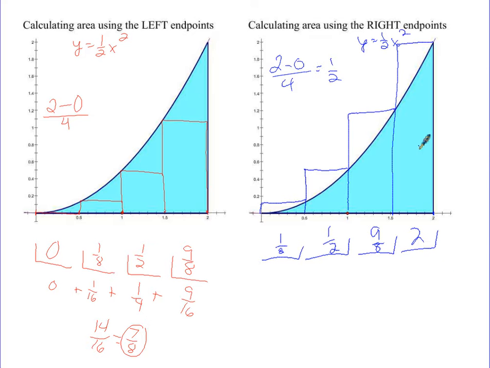If I took this rectangle and I stacked it on top of this rectangle, and I took this rectangle and stacked it on top of that one, and I took this one and I stacked it on top of that one, wouldn't the overall height be the sum of all 4 of these heights? Yeah. And then couldn't I then multiply that by the width 1/2? Yeah. So I could add all these together now and then multiply by 1/2.